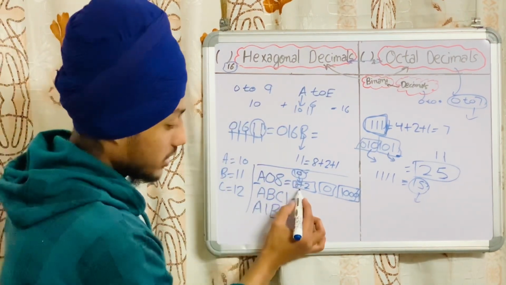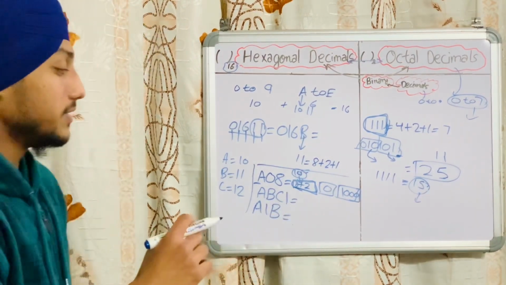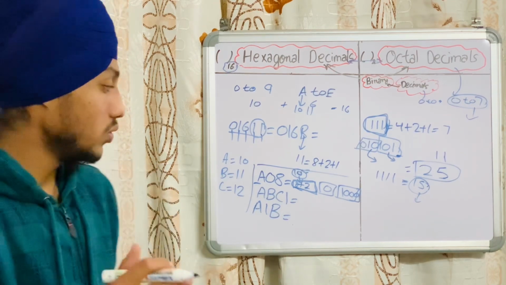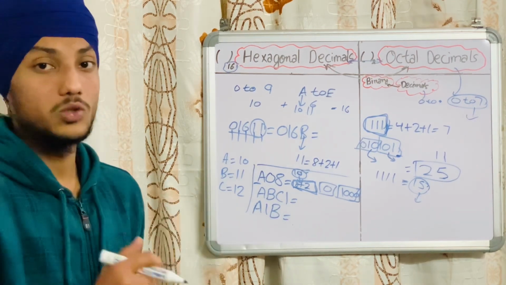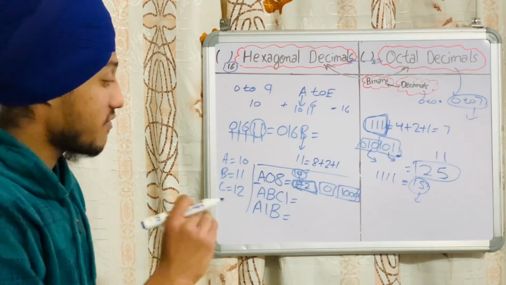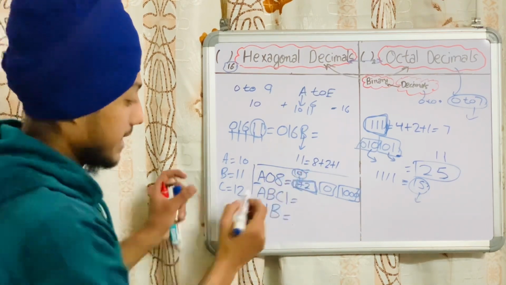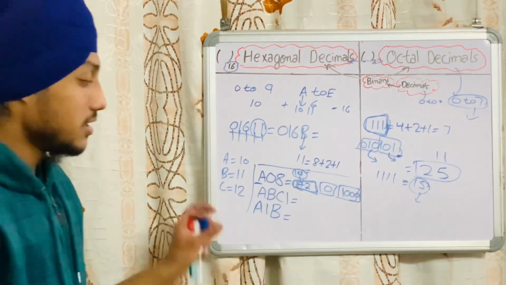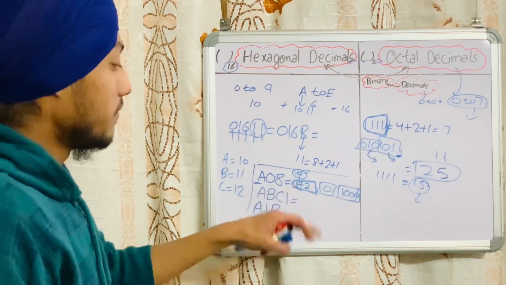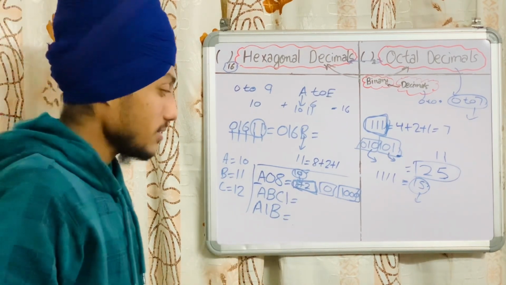So we split it into numbers which are powers of 2. Any power of 2 gives us that number. 2 raised to power 3 is 8, 2 raised to power 4 is 16, and 2 raised to power 1 is 2. So we split that number, A, which is 10, into numbers which are exactly powers of 2, which are divisible by 2 many times.